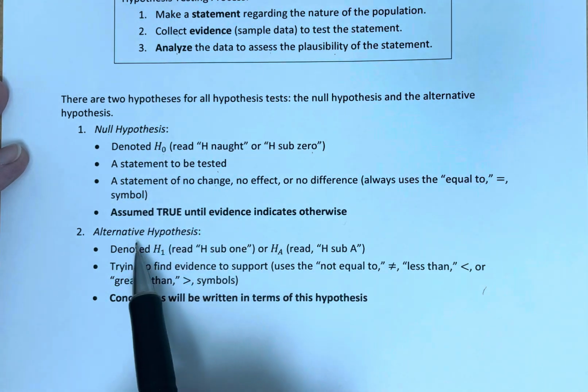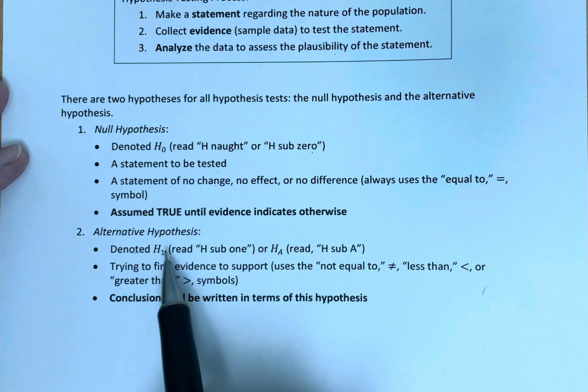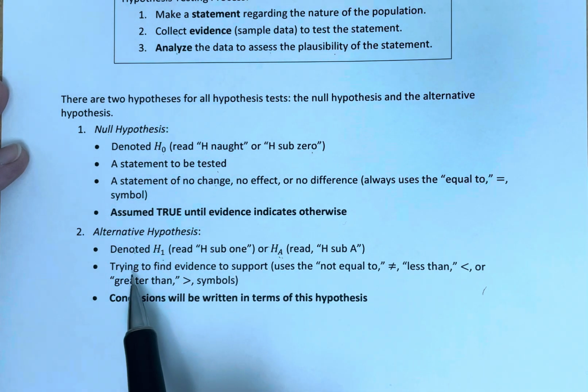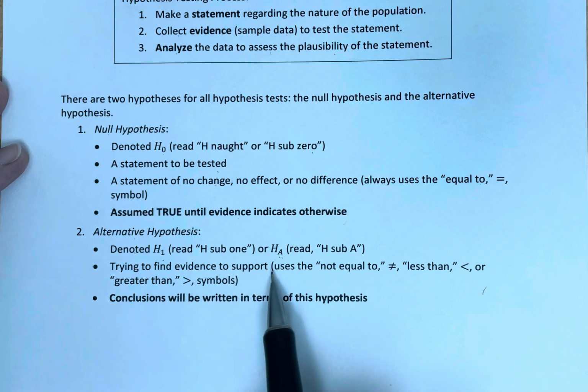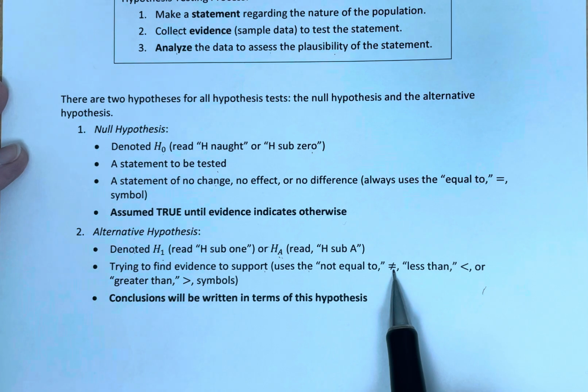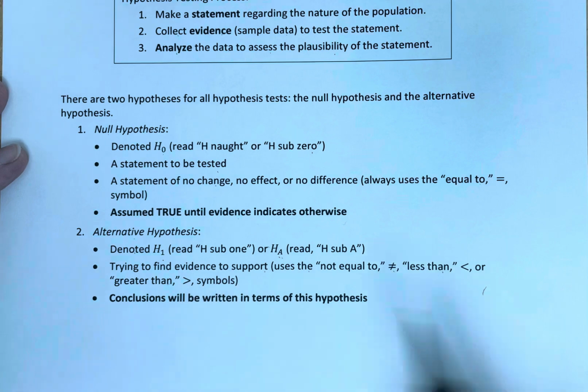The second is the alternative hypothesis. It is denoted H sub 1 or H sub A, of course standing for alternative. We are trying to find evidence to support it. So it uses the not equal to symbol, the less than symbol, or the greater than symbol.